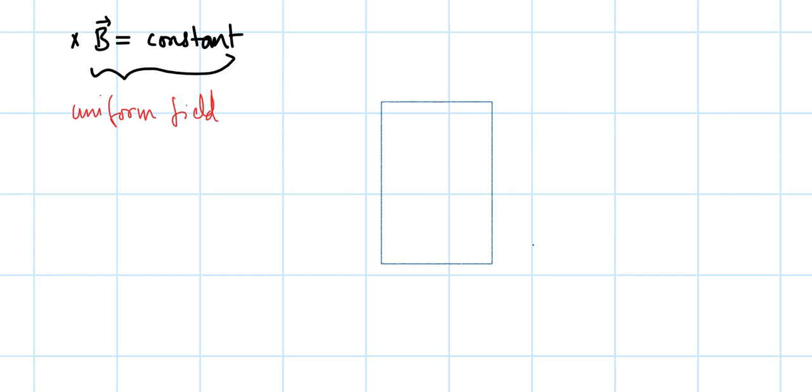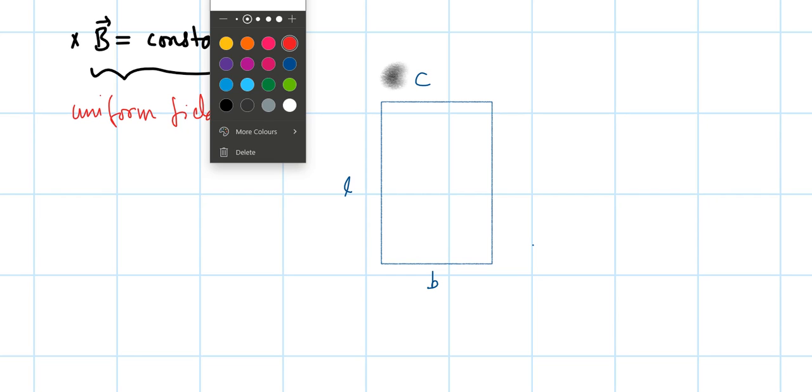So see, we have assumed a coil C, which looks like a rectangle having length L and breadth say B. So this is our coil, and let there be some magnetic field crossing this region.